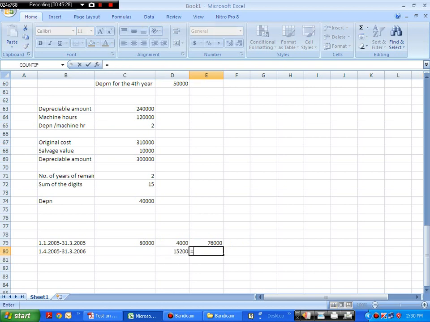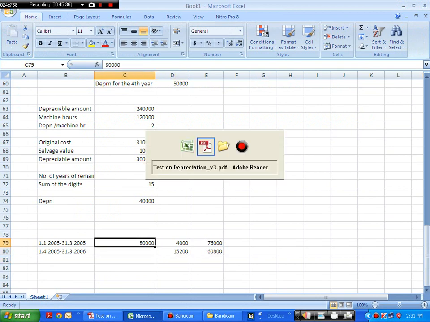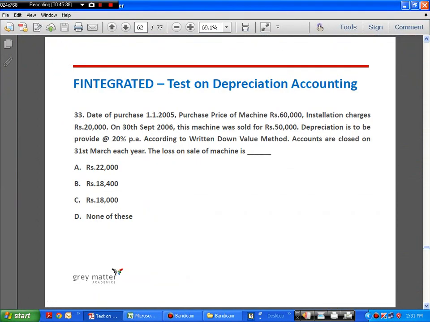Okay, so the written down value is 76,000 minus 15,200, which is 60,800. Right, I think we need to change the question.